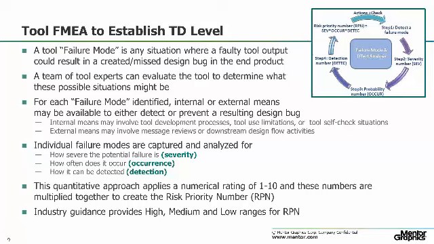So low risk is less than 100, medium 100 to 1,000, high risk is 1,000 plus. So we've taken this approach with the tools used in the design process for automotive and started to do this analysis.